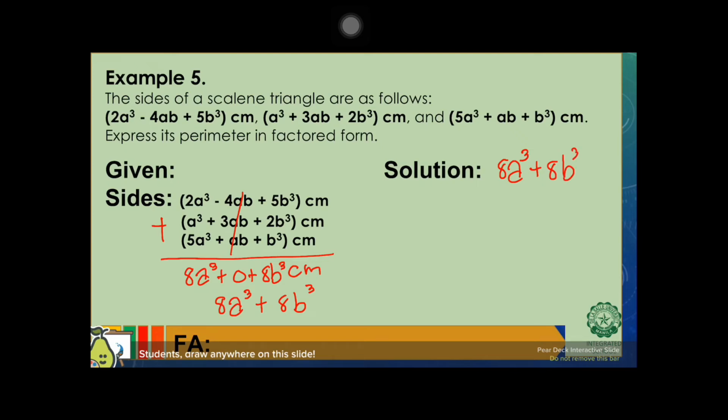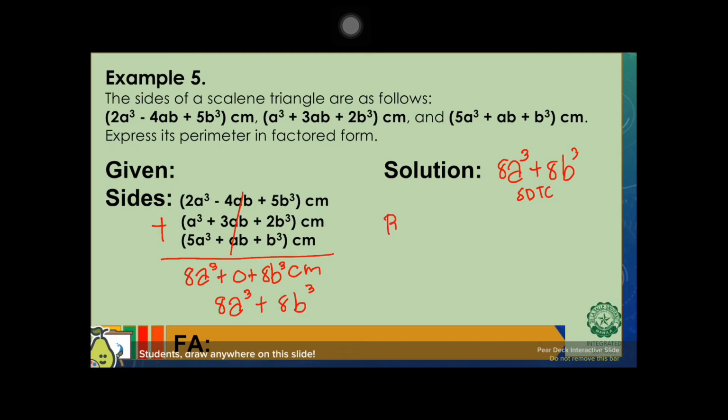And I want you to check our perimeter here. This can be considered as the sum and difference of two cubes, considering the first term is a perfect cube, the same as the second term is a perfect cube, and you have a sum as your operation. So we will be using the concept of sum and difference of two cubes for this problem.